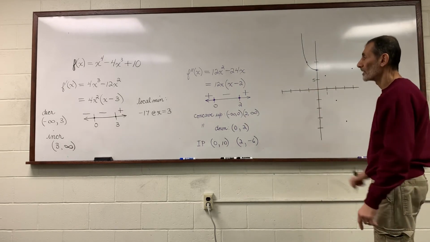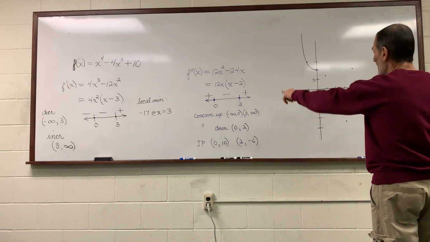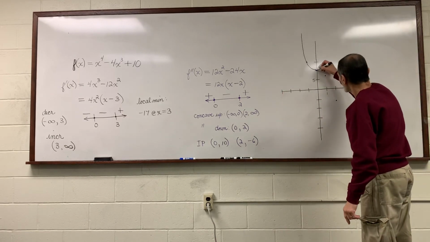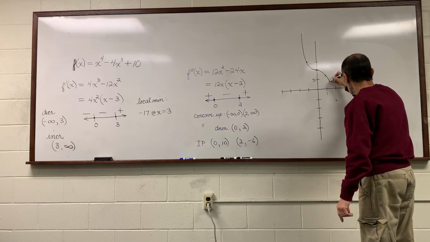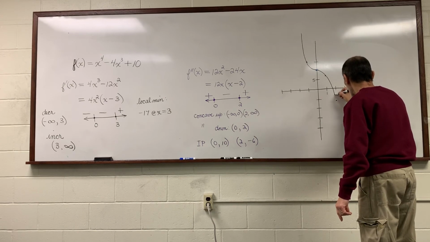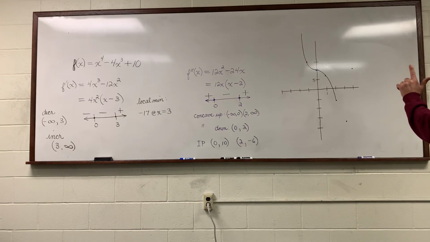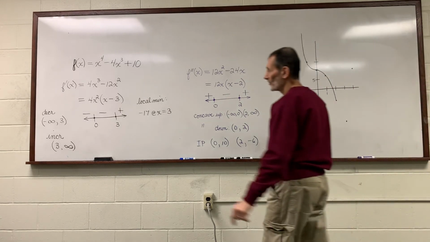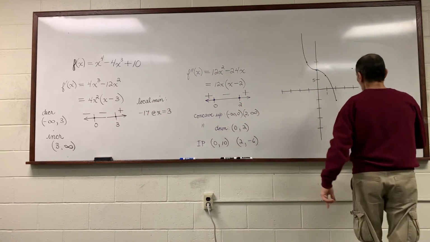From 0 to 2, the function is decreasing and concave down. So now the curvature changes. And we have an x-intercept between 1 and 2.